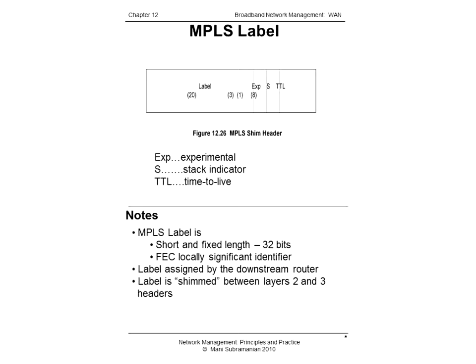And the experimental bits are used to describe the class of service such as QoS. So the stack indicator bit is 0 if it is the bottom of the stack of labels, or else it is 1. So TTL basically defines the maximum number of hops.